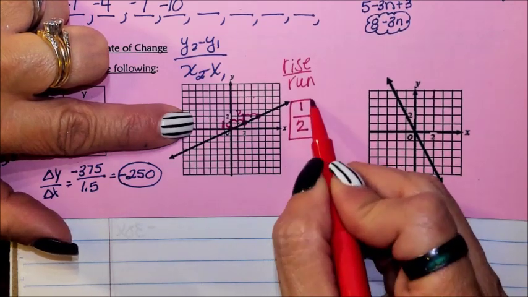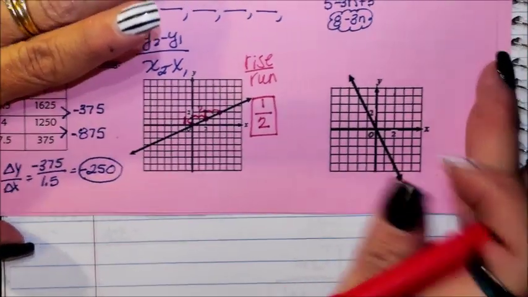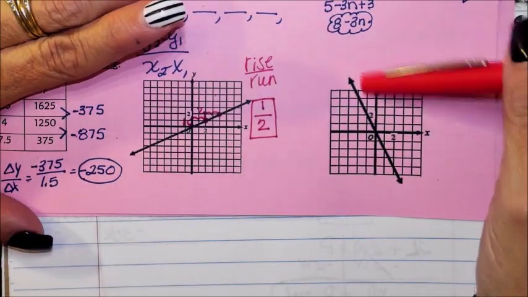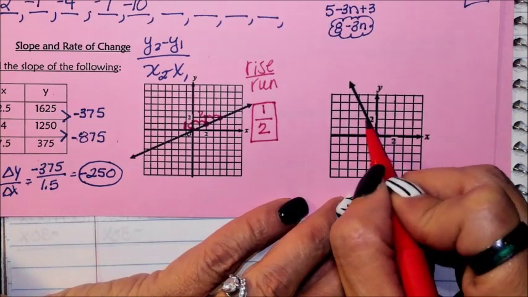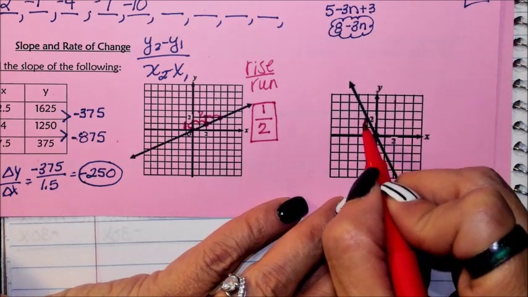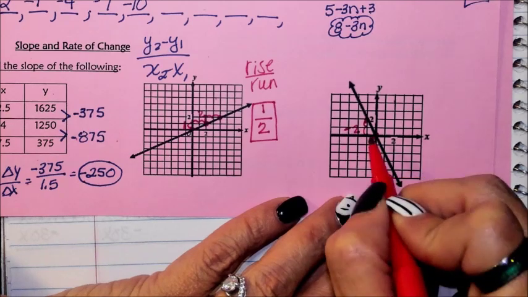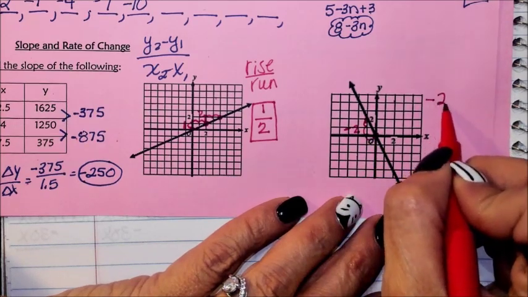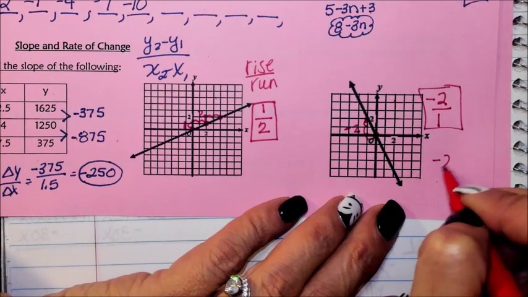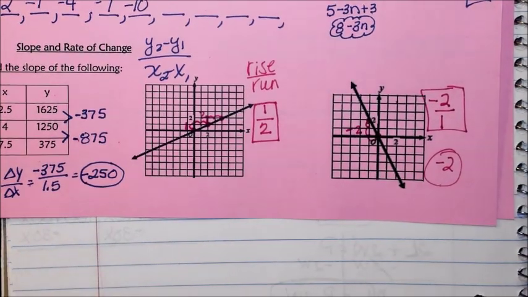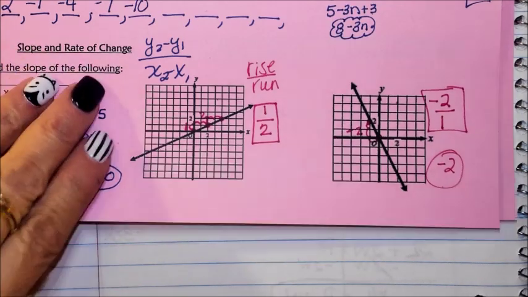My slope is 1/2. This one I notice it's falling, so this is going to be a negative slope. Let me put some points on here. You know what? This is just the opposite. Fall 2 and run over 1. So fall 2, run over 1. I could also say negative 2. Either way, negative 2 divided by 1 is negative 2.